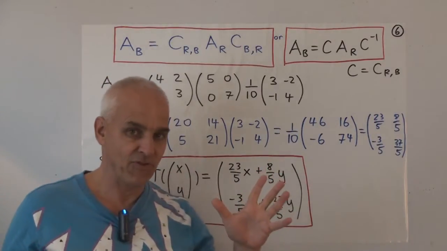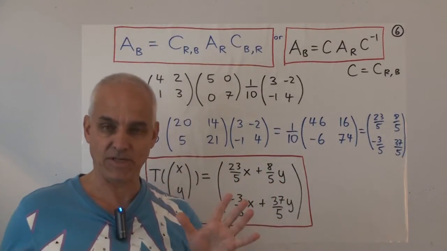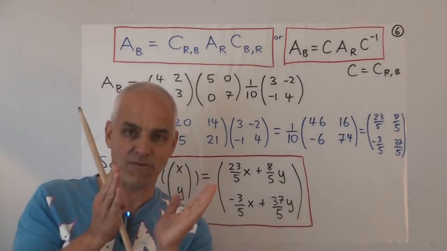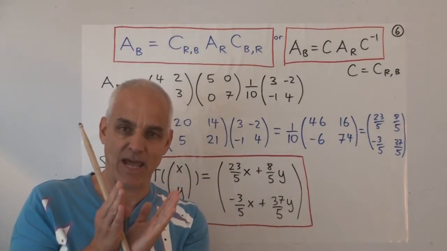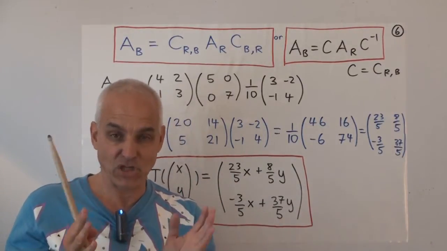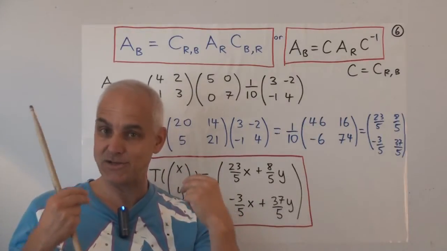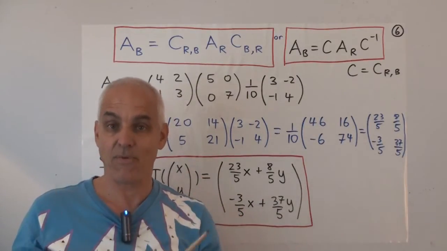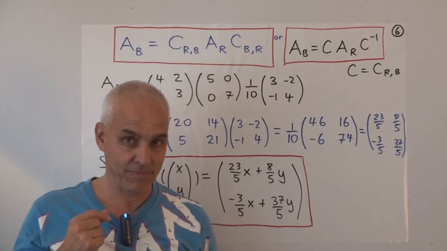So Bob's form for this matrix is more complicated than Rachel's form. In Rachel's point of view, this particular transformation had a particularly simple description. In fact, geometrically, we can visualize this transformation much simpler in Rachel's system rather than in Bob's system.